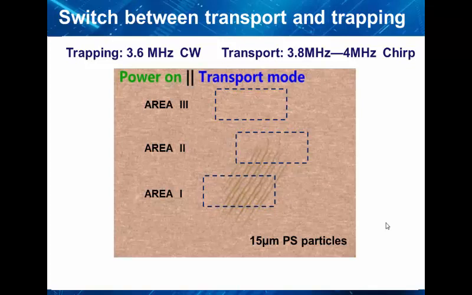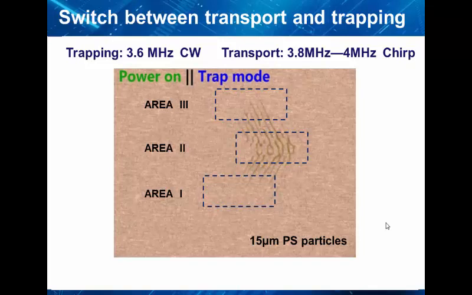As soon as the transported particles arrived at these areas, they were captured on the surface of the plate by setting the working frequency to the resonance frequency of the plate. And when the working frequency was set back, these trapped particles were transported again.